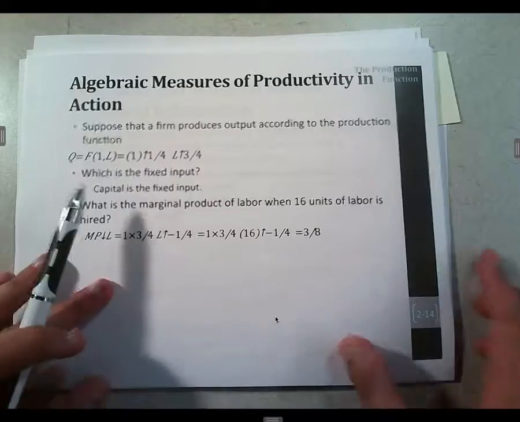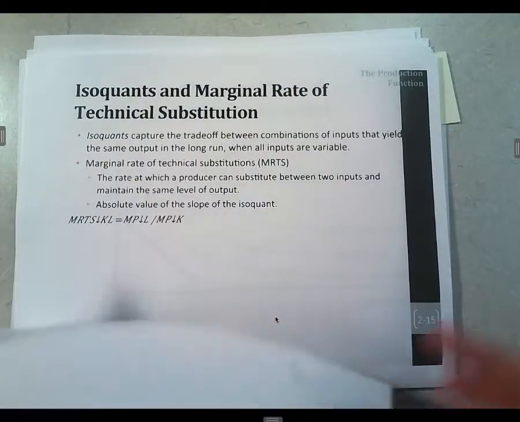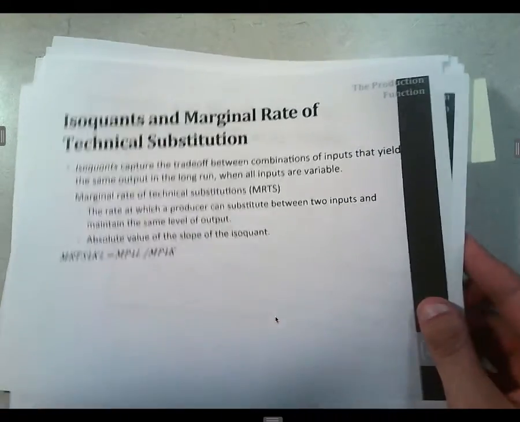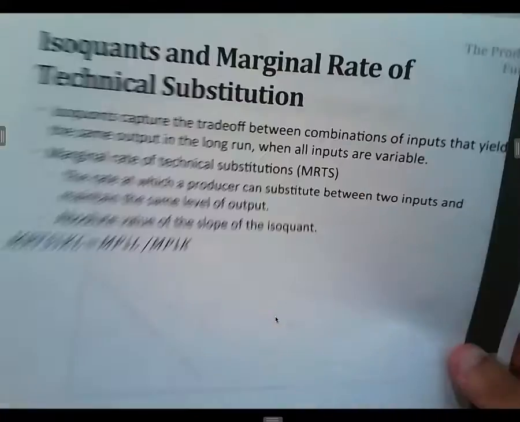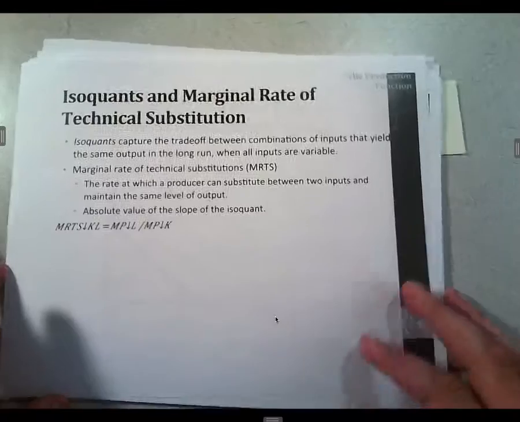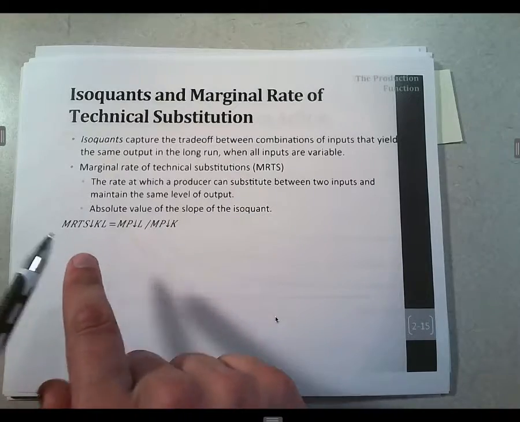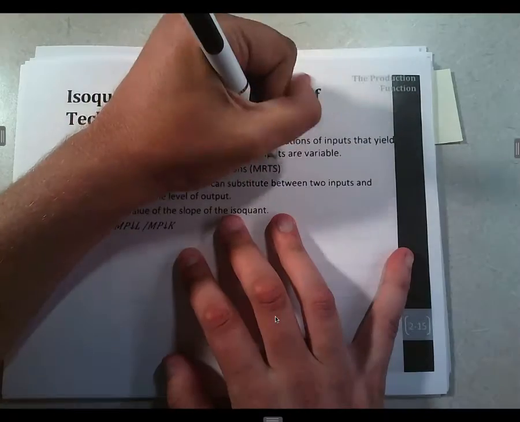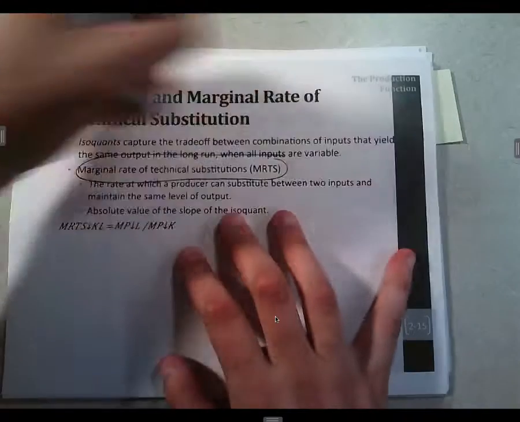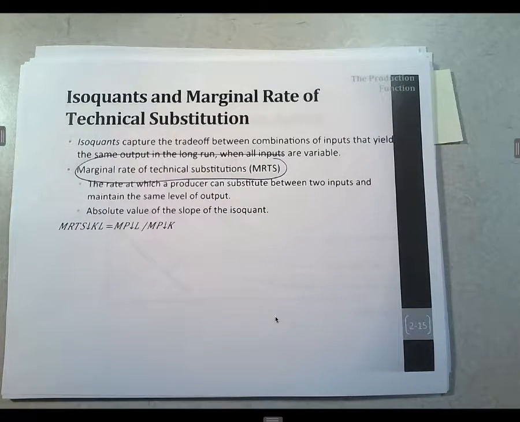That's going to give me my idea of how much the marginal product of labor is. What this gives us, this ratio of our marginal productivities, has a name. The formal name is the marginal rate of technical substitution, MRTS.